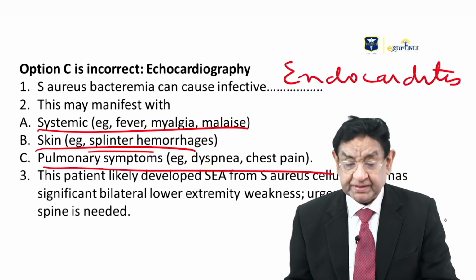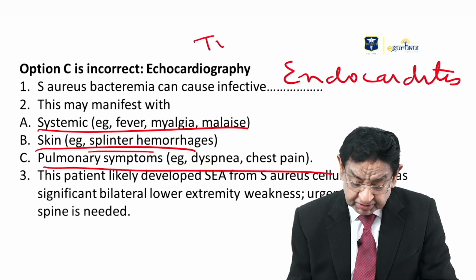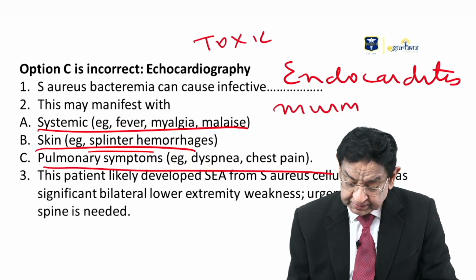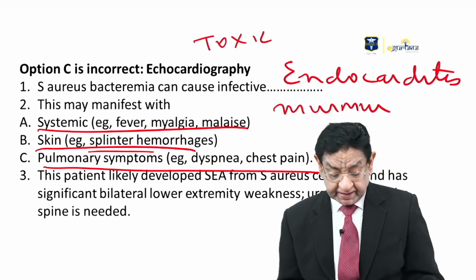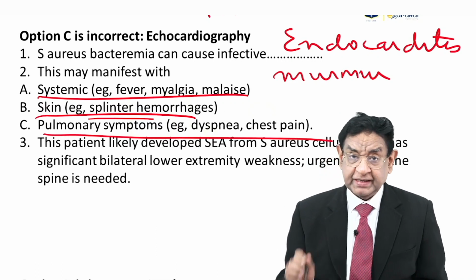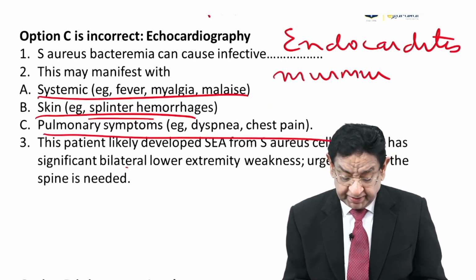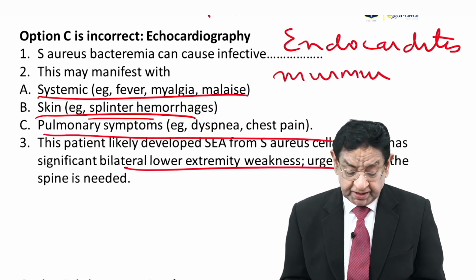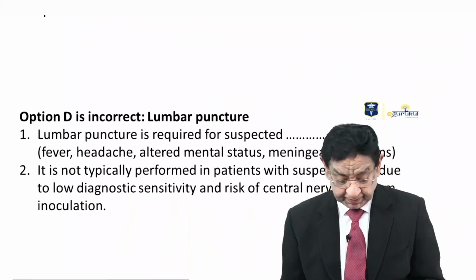Pulmonary symptoms may be there, and moreover the patient is very toxic, and they may have murmurs, with changing character of the murmur, which is not there. So it is unlikely, and moreover an endocarditis patient will not have bilateral weakness of the lower limb. So this possibility is ruled out automatically.